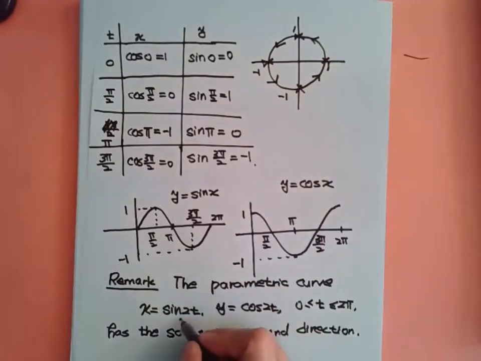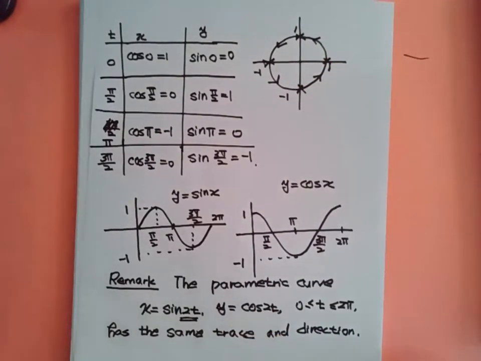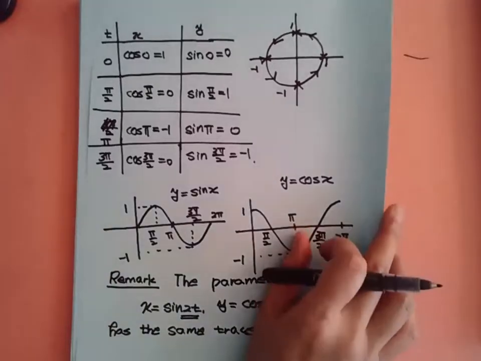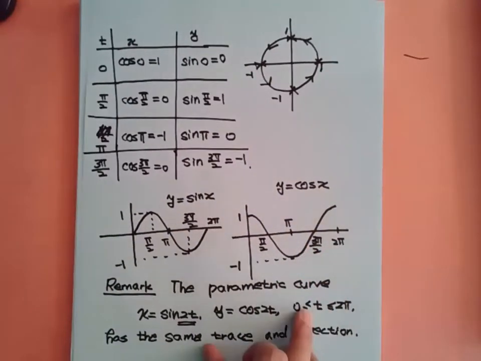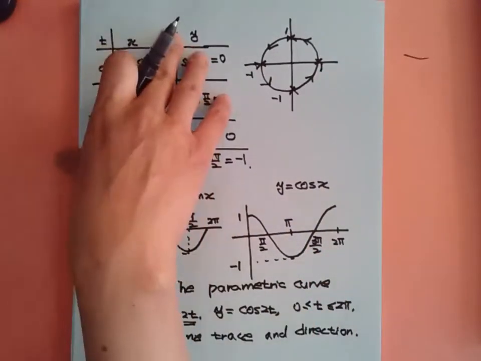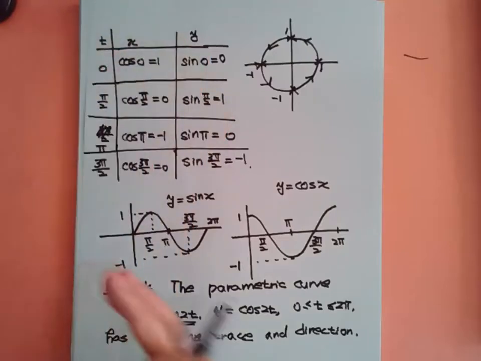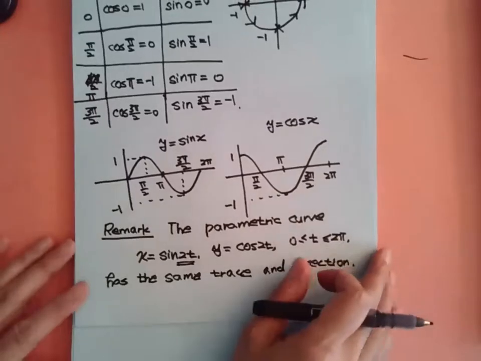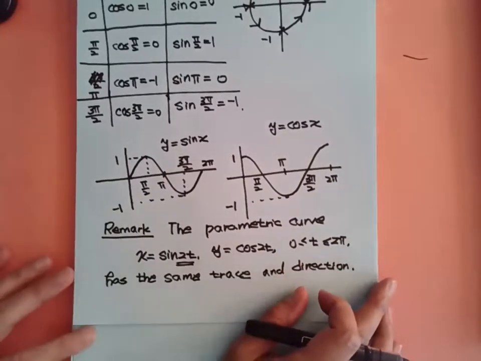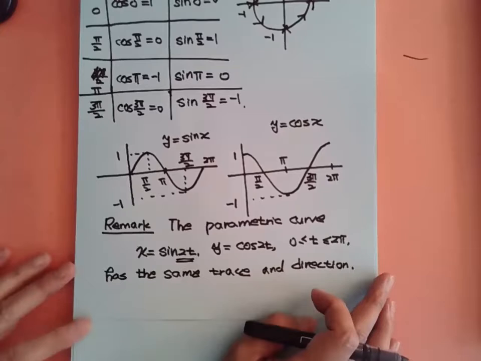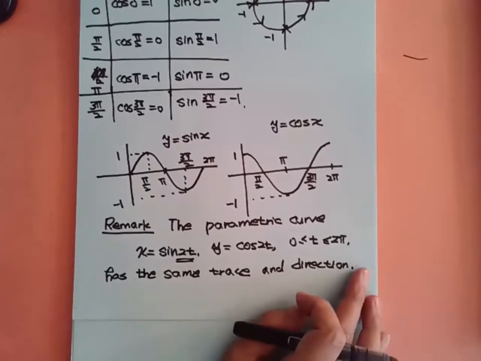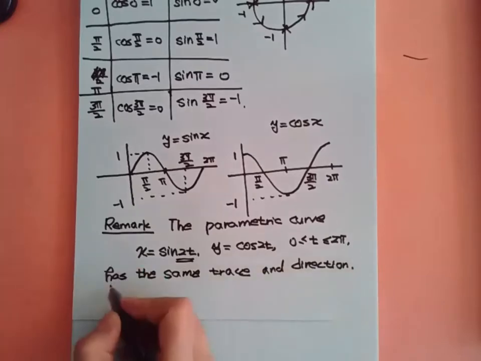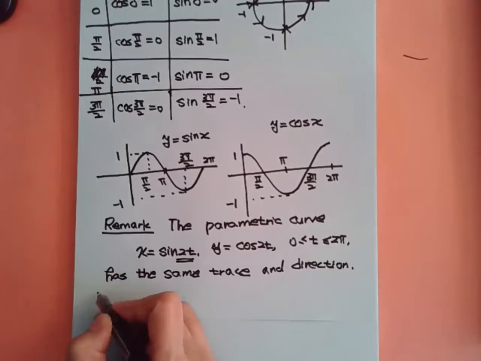But because of this 2t, the speed is obviously faster than the previous one, right? I don't have to check it because that is too obvious. So this is an example. The parametric curve has a different equation, but has the same trace and same direction. The only difference is the speed.